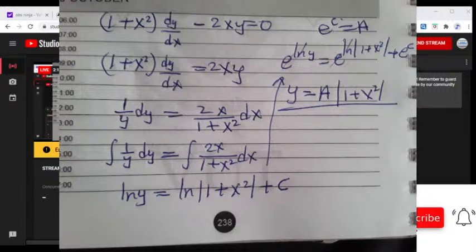After you introduce the integral sign, you check here our 1 over y. When you integrate 1 over y, you get ln y. Here many people get confused when they see 2x over 1 plus x squared.